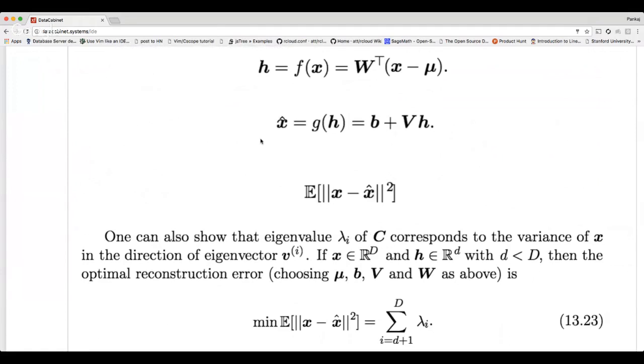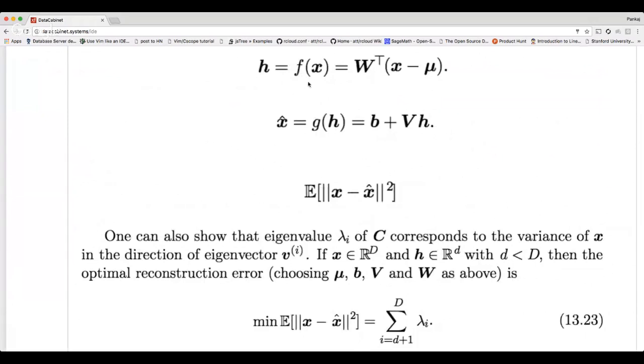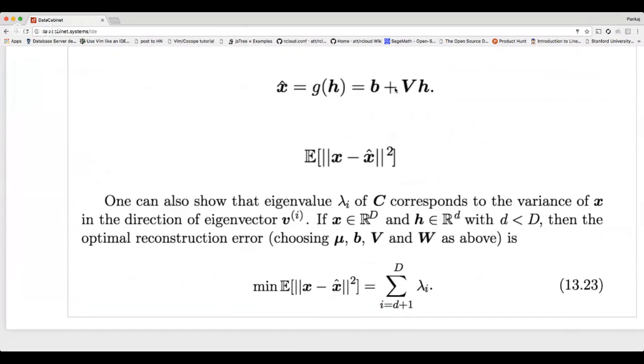If you break X into three matrices, V sigma V transpose, and do that analysis, you will see that the expected reconstruction error is going to be the leftover eigenvalues.